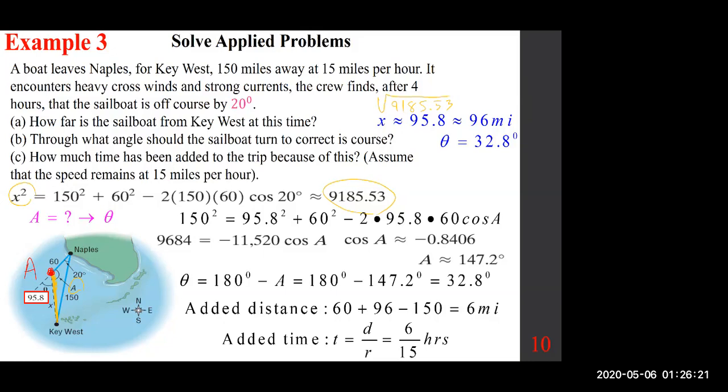Can anybody tell me what does this mean? Because normally when we report something like that as far as time, we don't tell anyone it took us 6 over 15 hours, right? Can anybody tell us how many minutes it is?